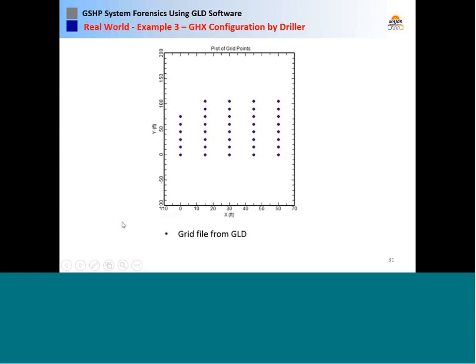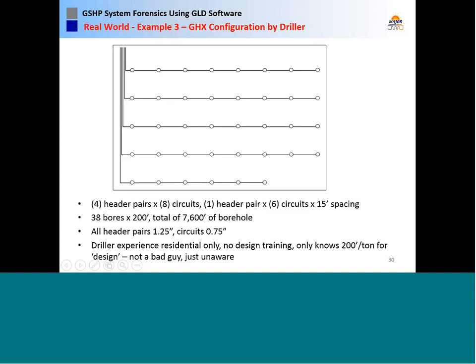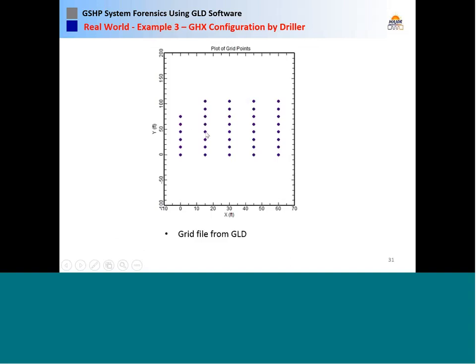So what we did was use GLD to take the driller's layout. It doesn't really show the symmetry of the spacing that well, but we're supposed to be on 15-foot spacing between each header pair and each ground loop. It doesn't appear to be to scale, but if you notice the scale on X and Y here, we are appropriate.